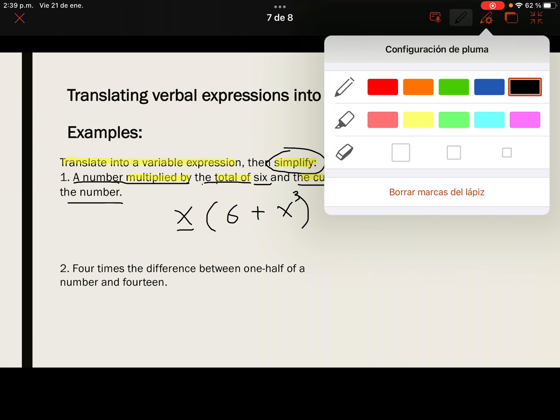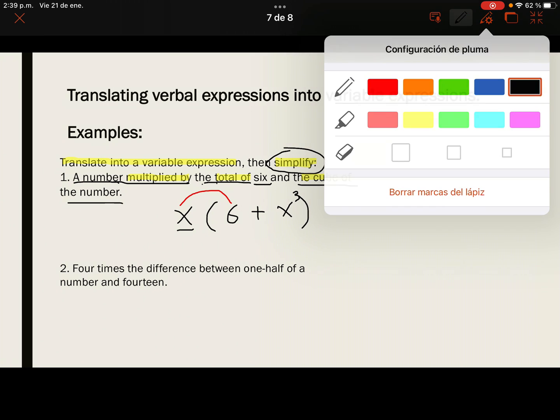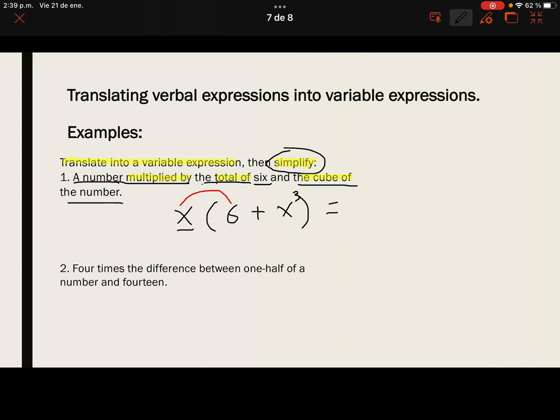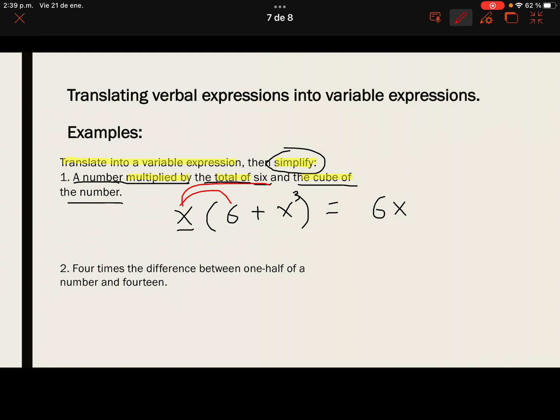Really simple, we multiply by the distributive property: x times 6 is 6x, and the next one is x times x cubed. It is plus, because both numbers are positive, and x times x cubed is x to the 4th power. That's it. These are not like terms, so we can't add them, and that's the answer.